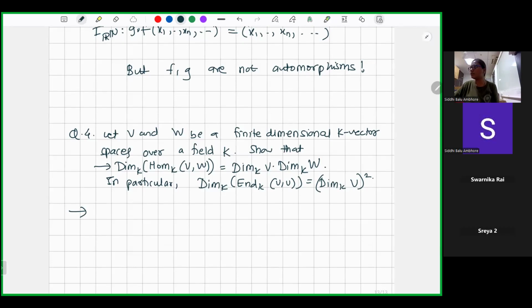So what we are asked to do is prove this thing about the dimension. So to prove this, what we do is this.